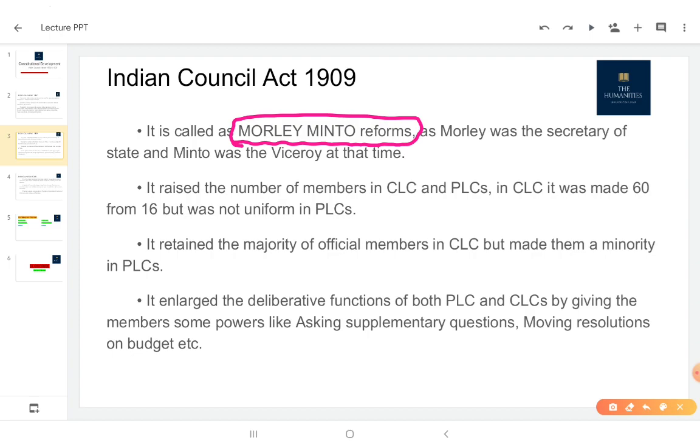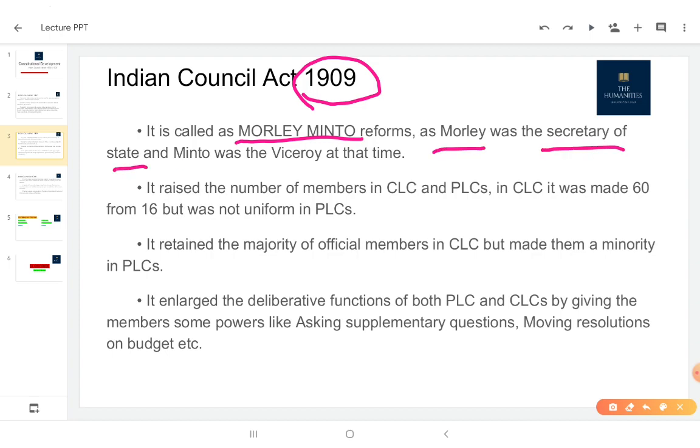Morley was the Secretary of State, Minto was the Viceroy, and after the names of these two officials, this act was named the Morley-Minto Reforms, which was passed in 1909.